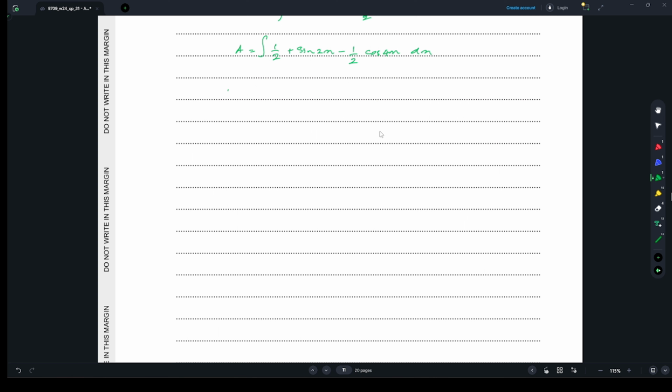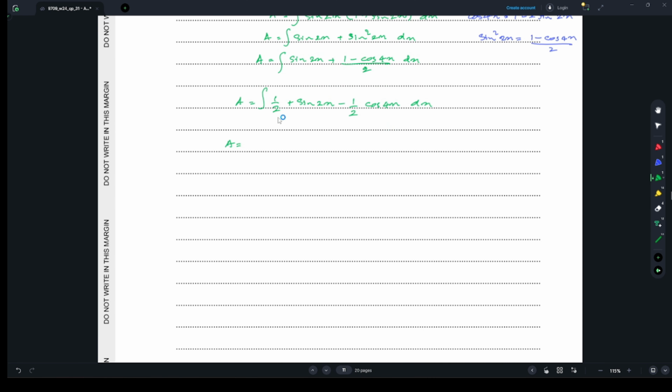So I can write now the answer here. Integration of half, it's a constant, so it's x. And for sine, sine comes when you differentiate cos, but it will be minus sine, so I have to write minus cos 2x, but here we have a coefficient in front of x, so we have to divide by that.